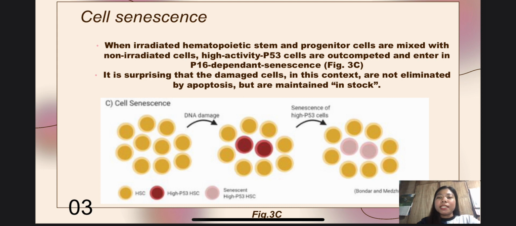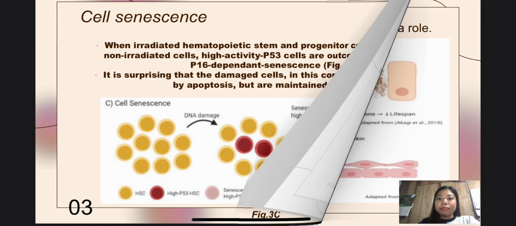It is surprising that the damaged cells in this context are not eliminated by apoptosis, but are maintained in stock. The authors suggest that by marking loser cells as senescent, they are gradually eliminated from the tissue if there are undamaged cells available for the replacement.